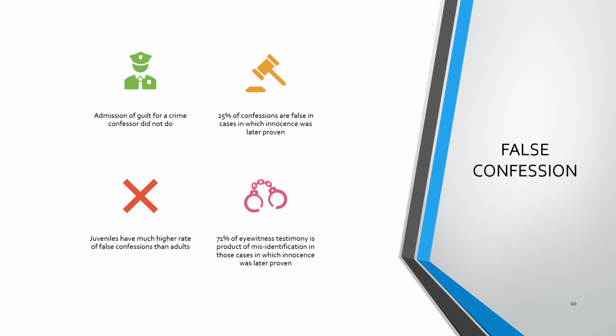Also note that an incredible 71% of eyewitness testimony is the product of misidentification, again in those cases in which innocence was later proven. Imagine the terrible consequences in a case in which a false confession and an eyewitness misidentification are allowed into evidence to be heard by the jury.